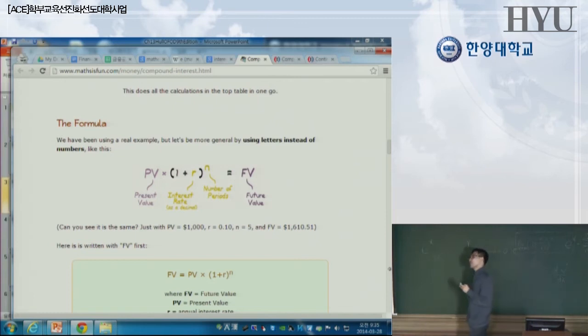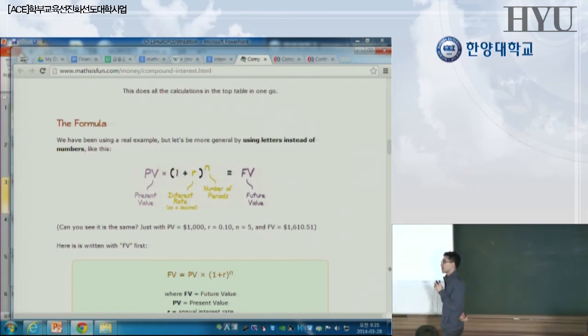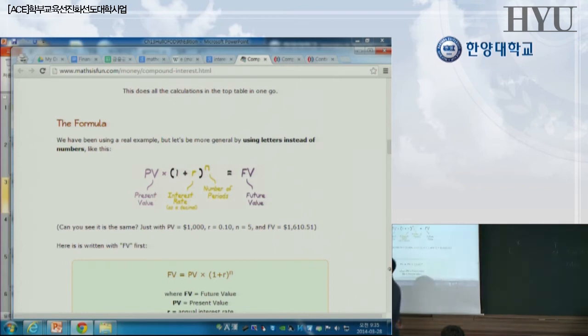So if the interest rate is 12% per year, and it is semi-annual compounding, in a semi-annual compounding contract I pay 6% per 6 months. So then 2 times per year compounding.